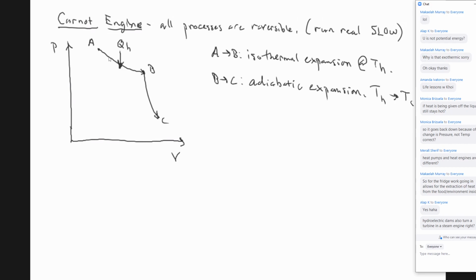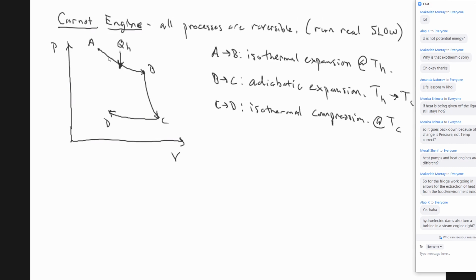As the piston begins to fall, right, for going from C to D, we have an isothermal compression. That's what the piston is doing as it begins to fall down at the cold temperature.